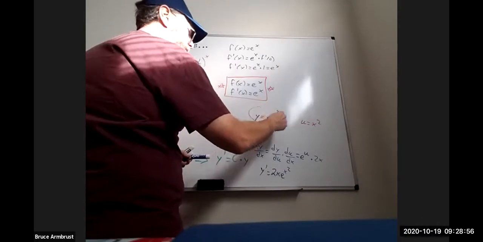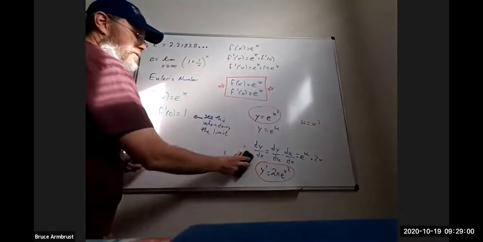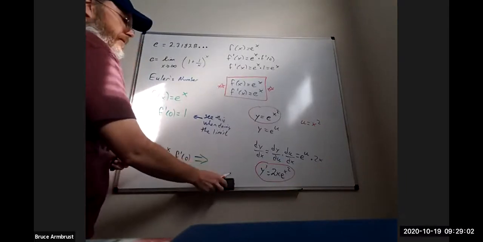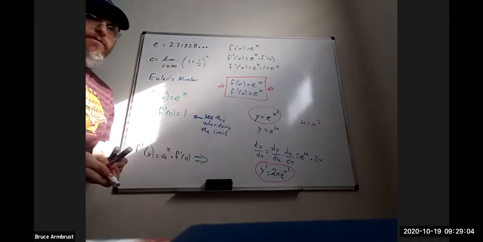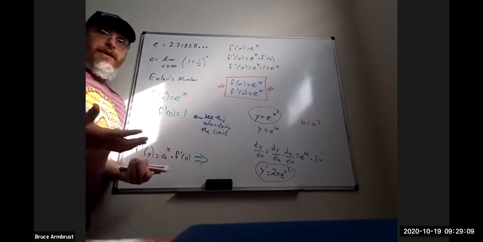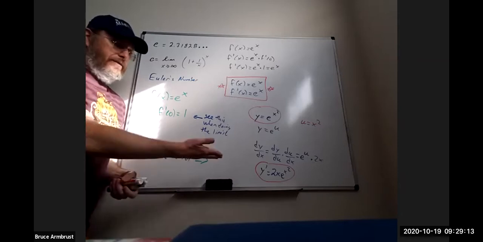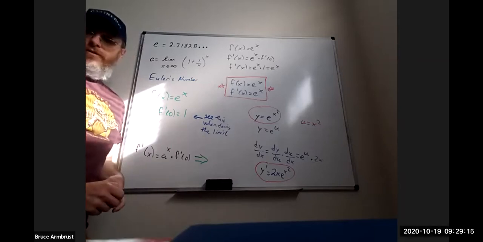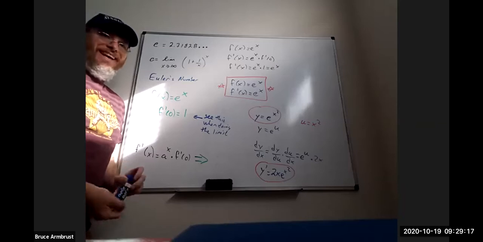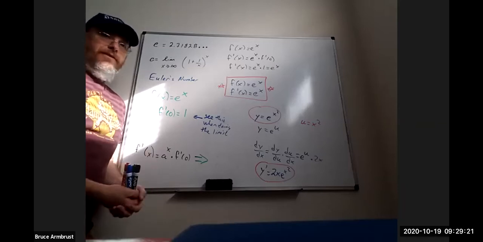So if we started with y equals e to the x squared, y prime equals 2x e to the x squared. So chain rule, derivative of the outside is itself times the derivative of the inside, the 2x. So you're going to really like e to the x because its derivative is just itself.